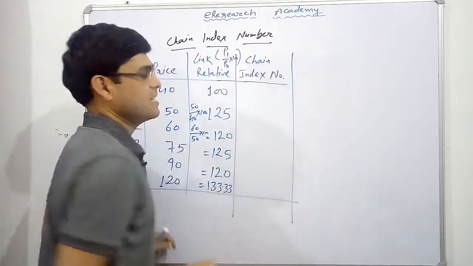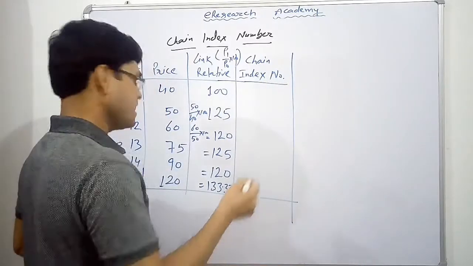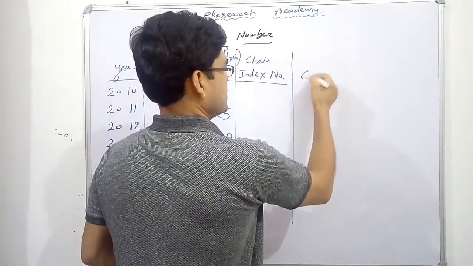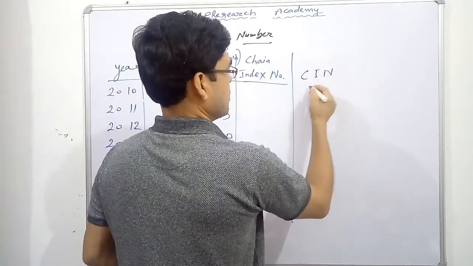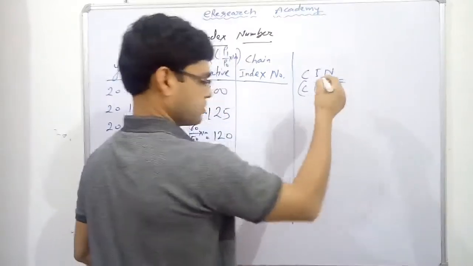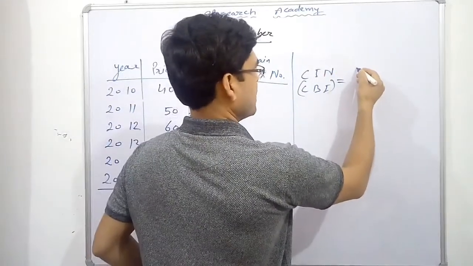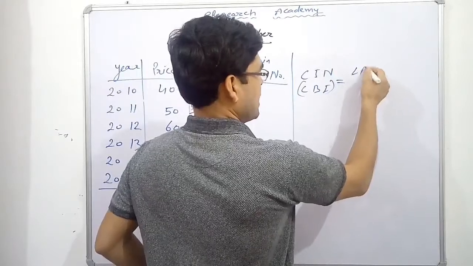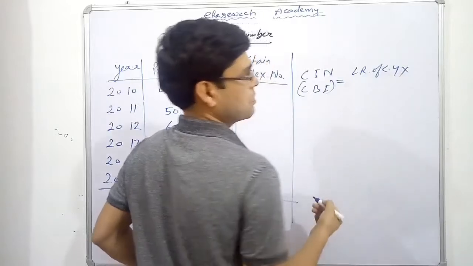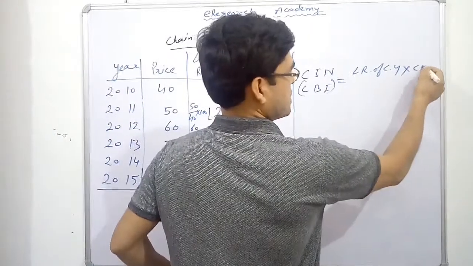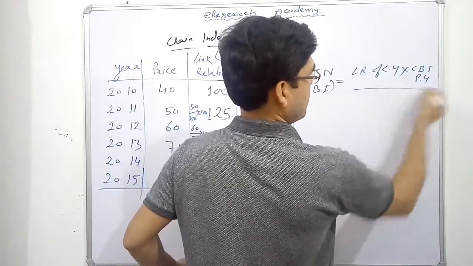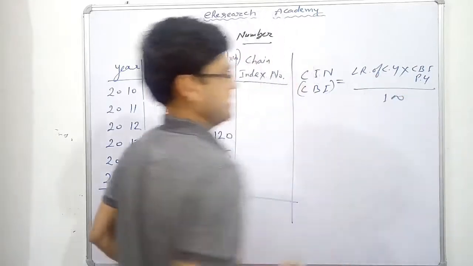The chain base index is simply the link relative of the current year into the chain base index of the previous year upon 100.